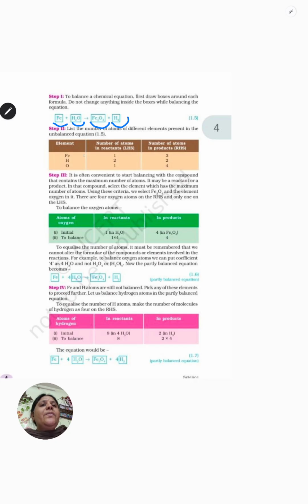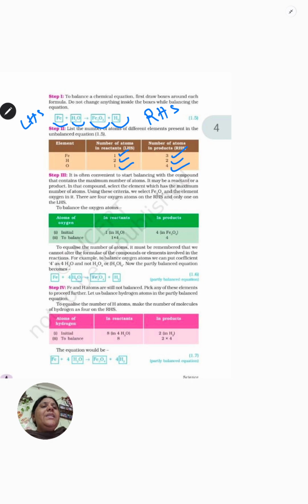The number of atoms on the LHS: iron is 1, hydrogen is 2 and oxygen is 1. Coming to the RHS, we have iron 3 atoms, oxygen 4 atoms and hydrogen 2 atoms.